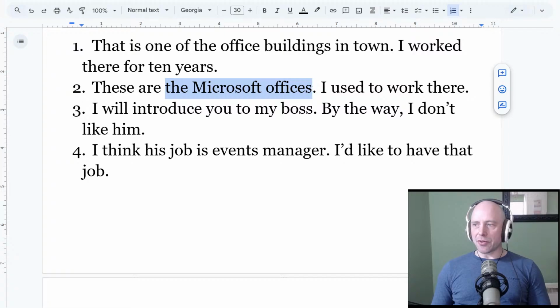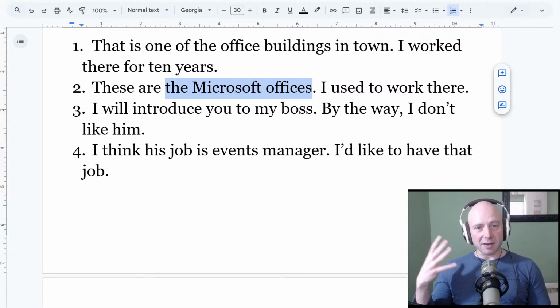We're talking about the Microsoft offices. There are not multiple Microsoft offices in this situation. We are only talking, in this situation, in a context where there is only one Microsoft office. Of course, with offices, we mean an office block or a building with offices.